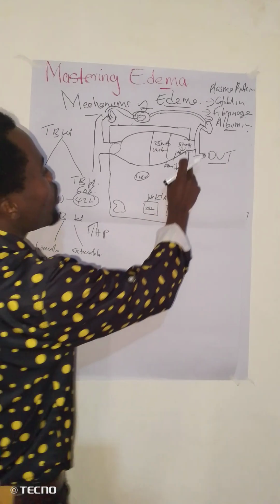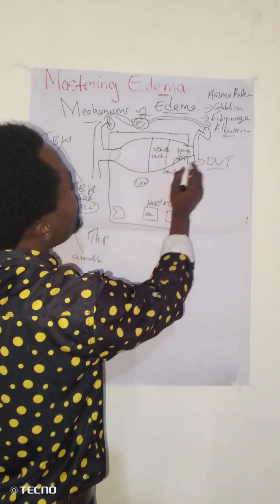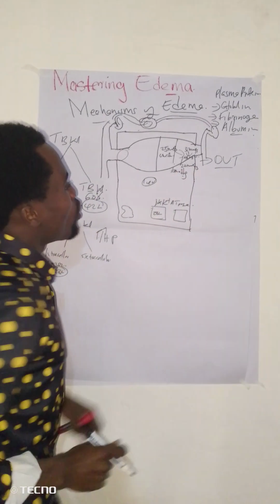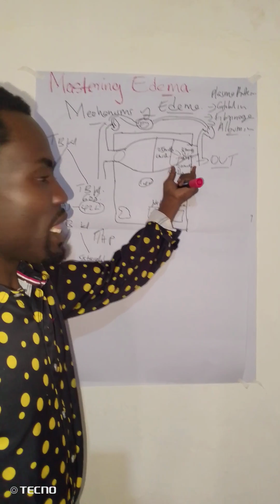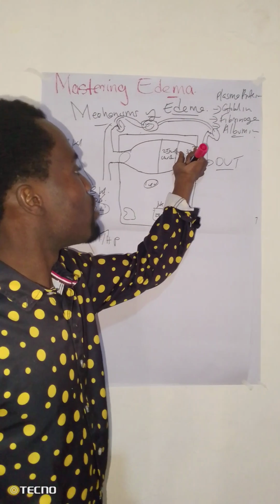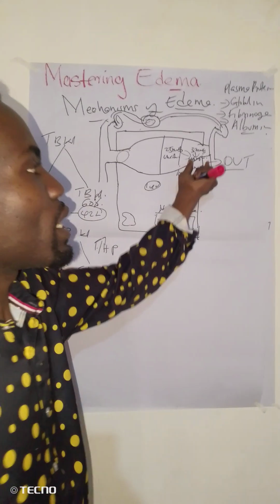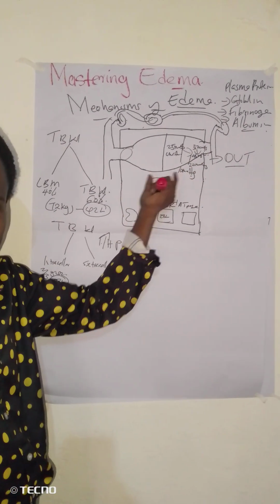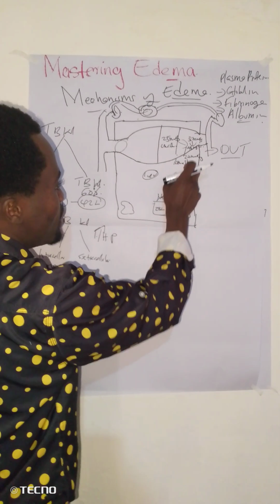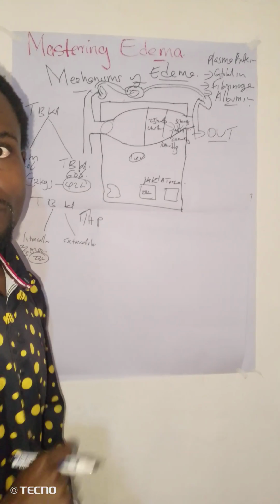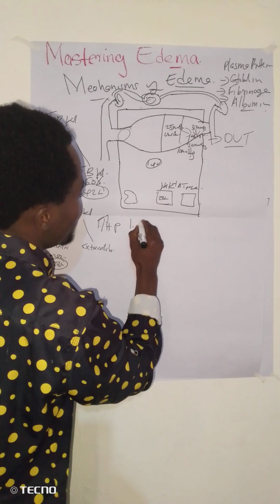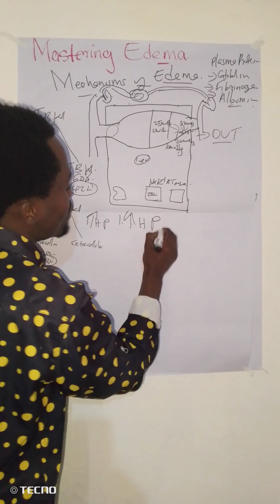We find that now the net filtration pressure will be 20 millimeter of mercury, and that clearly means that an excess amount of fluid will escape through the capillary membrane. So we'll have a lot of fluid in the interstitium. So that's number one mechanism of edema, increased hydrostatic pressure.